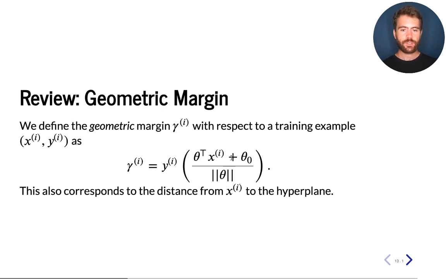We can derive a very succinct formula for this distance, which exactly corresponds to the distance from the point xi to the separating hyperplane. We denote this by gamma, and we call this the margin.